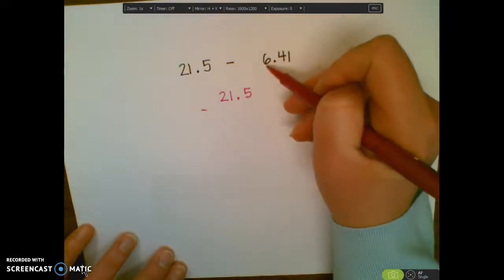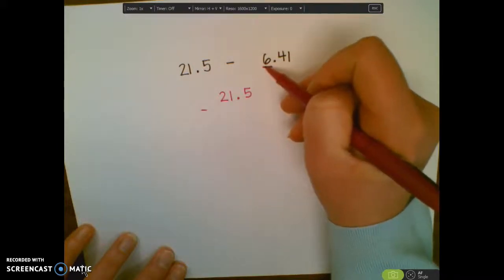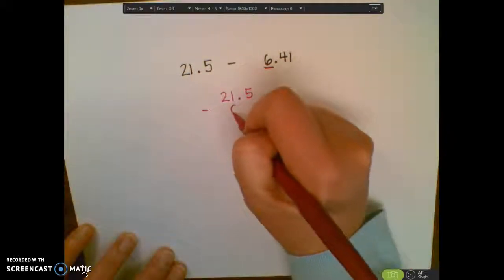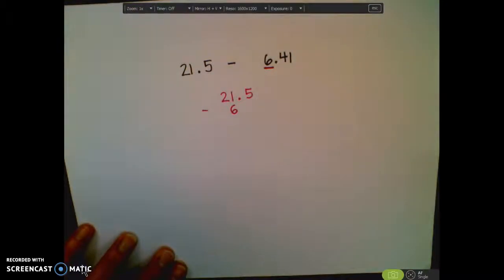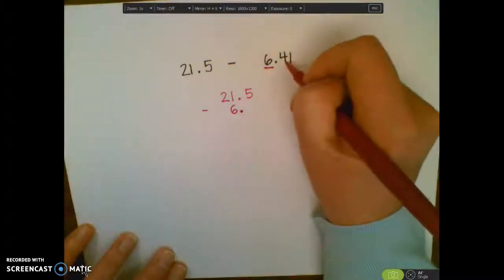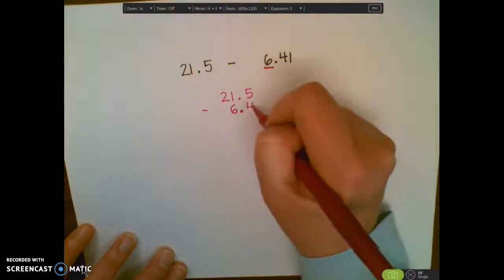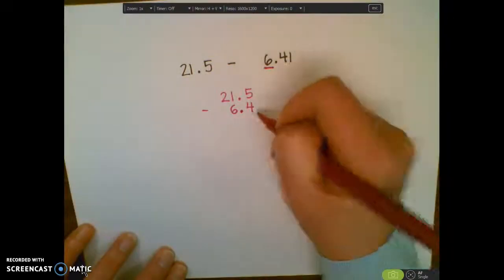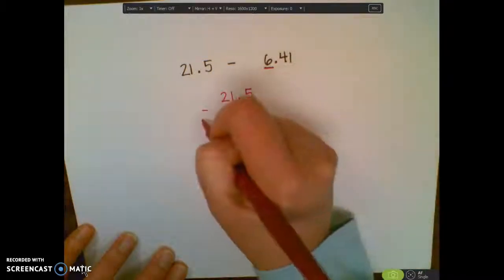Since I have only a number in the ones place value spot, that 6 is going to go right here in the ones place value spot. Again, I line up my decimal. And now I have a 4 in the tenths place value spot, and then a 1 in the hundredths place value spot.